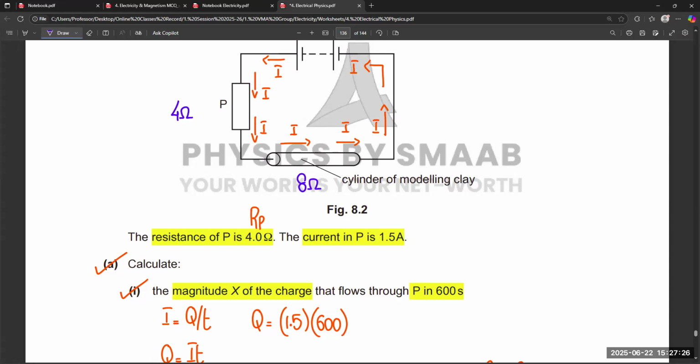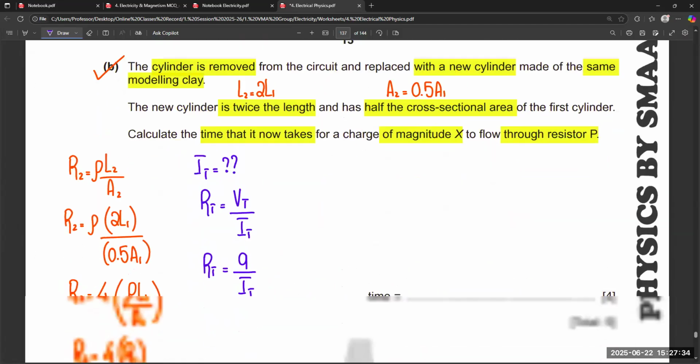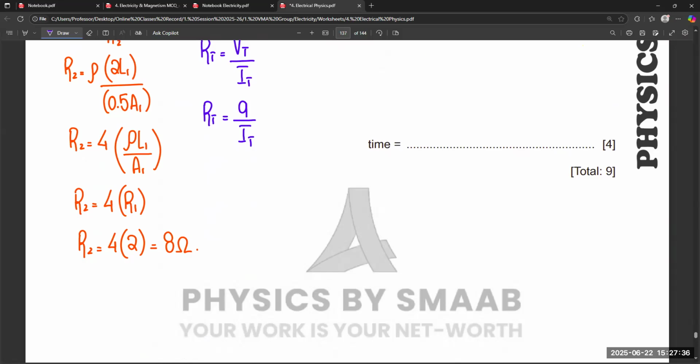So the total resistance of the new circuit with new components is equals to 12 ohms. 8 plus 4.